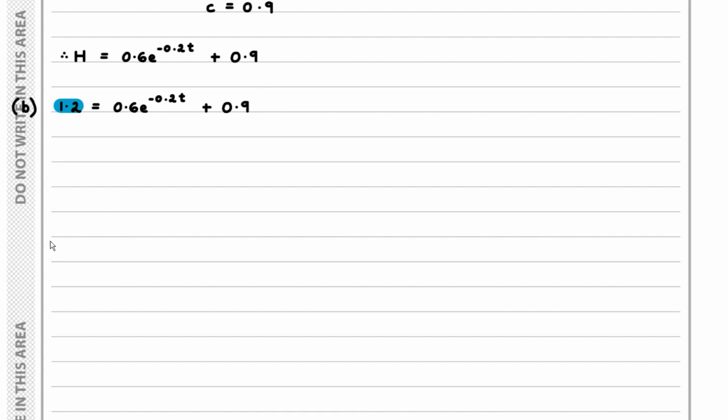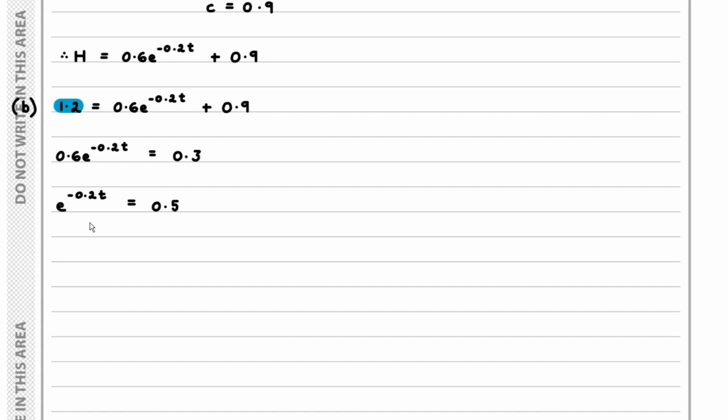If we subtract 0.9 from both sides, we end up with 0.6 e to the negative 0.2t equaling 0.3. And if we divide both sides by 0.6, we end up with e to the negative 0.2t equaling 0.5.